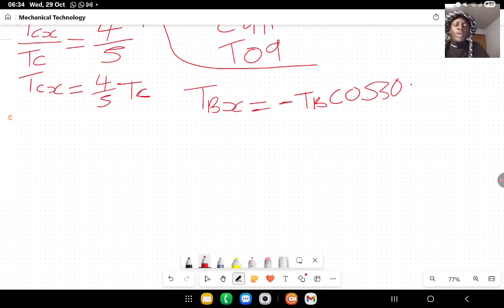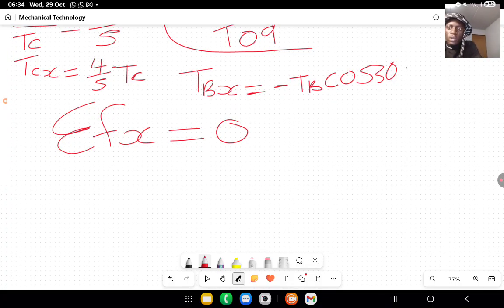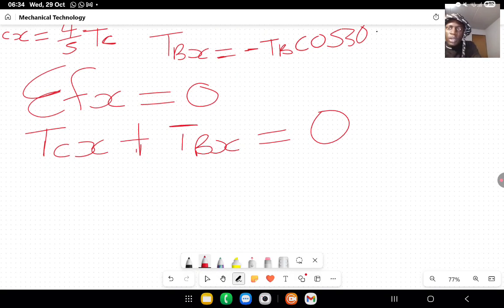Now, because we know that the sum of forces in x must be equal to 0, we add the forces: TCX plus TBX equals 0.